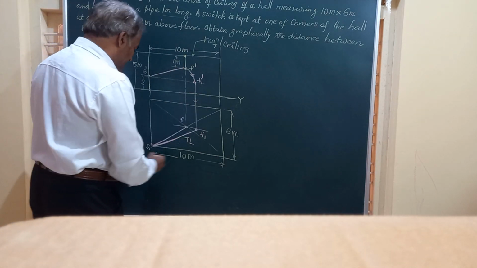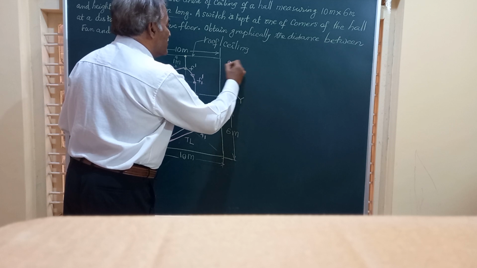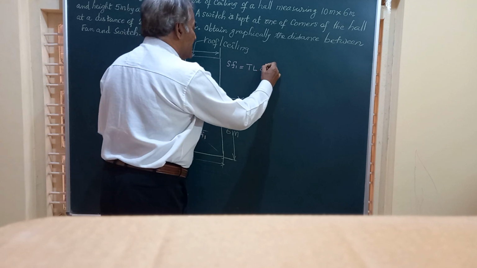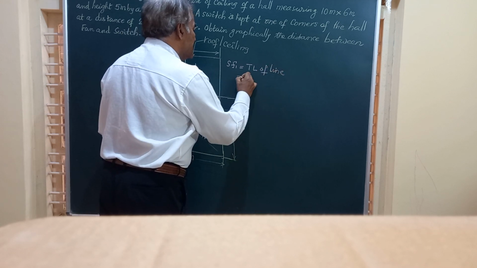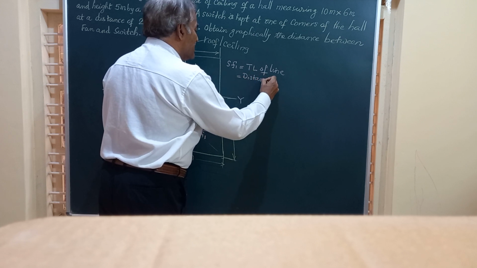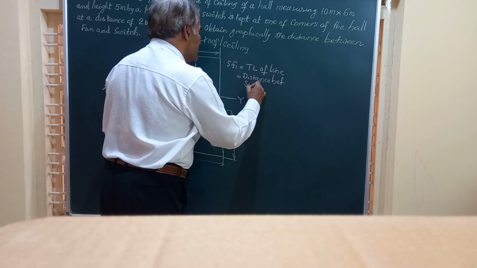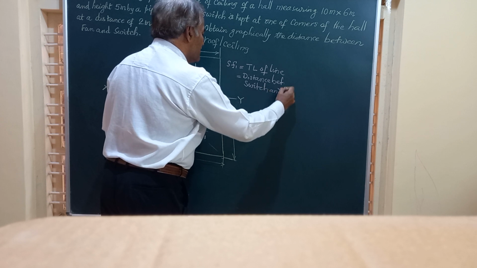So I will say here SF1 is equal to the true length of the line, that is, the distance between the switch and the fan.